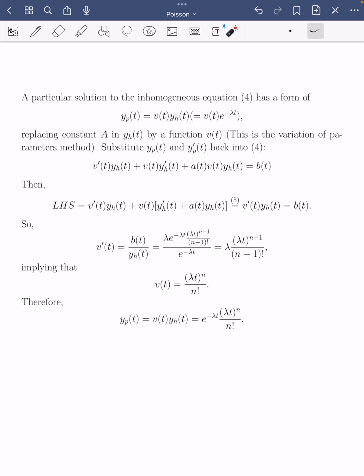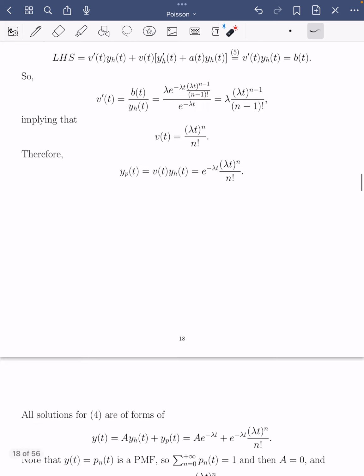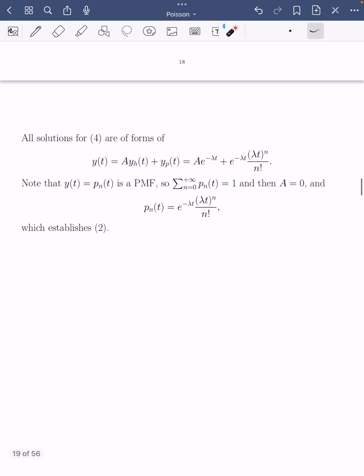Okay, so a particular solution for this inhomogeneous equation is equal to this form. So all solutions for equation number 4 are equal to the solution for the homogeneous equation plus one solution for the inhomogeneous equation, which is this form.